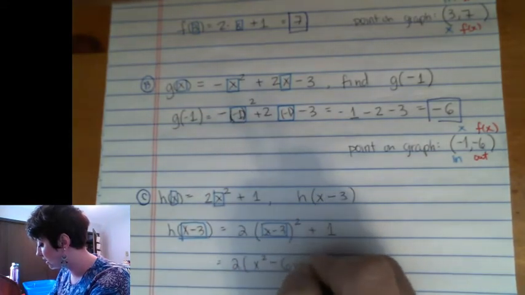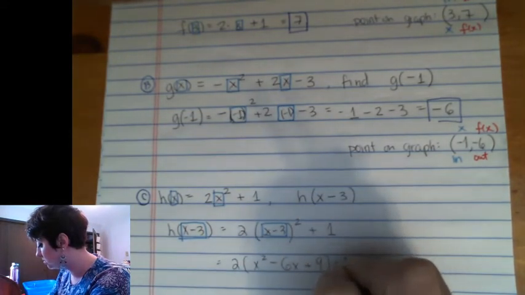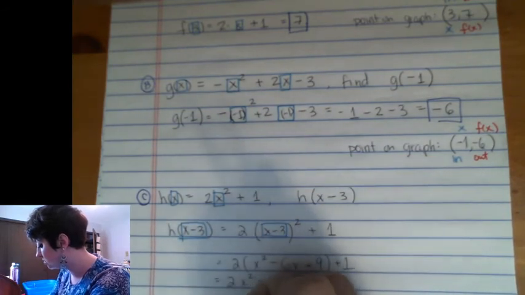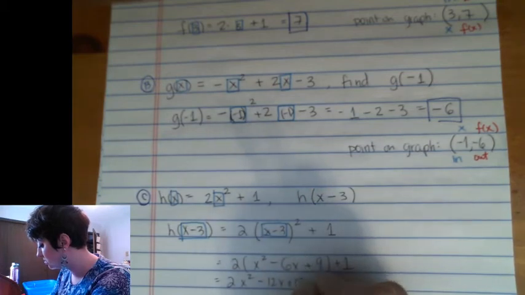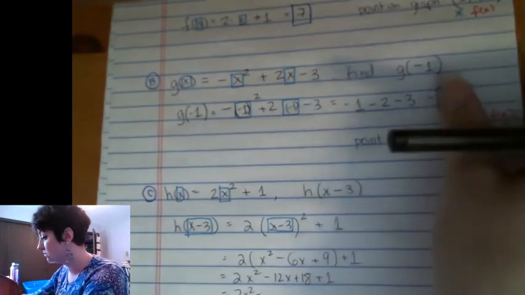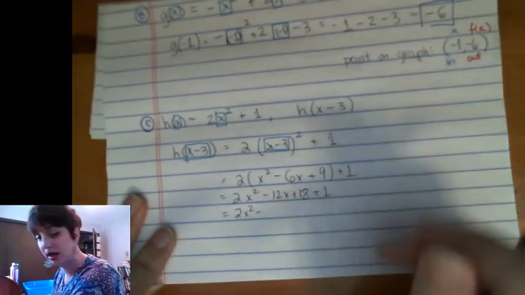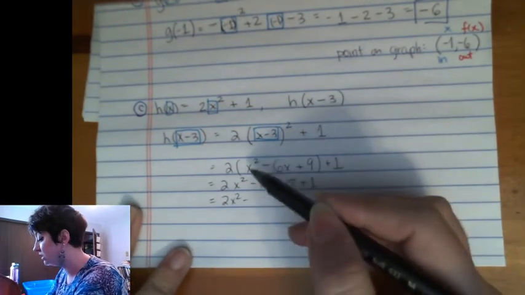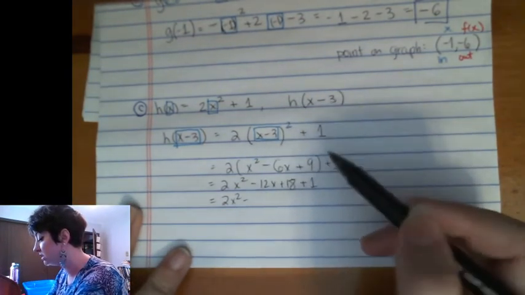So I square that out, distribute, and I get, let's see, I square x minus 3, that gives me x squared minus 6x plus 9.